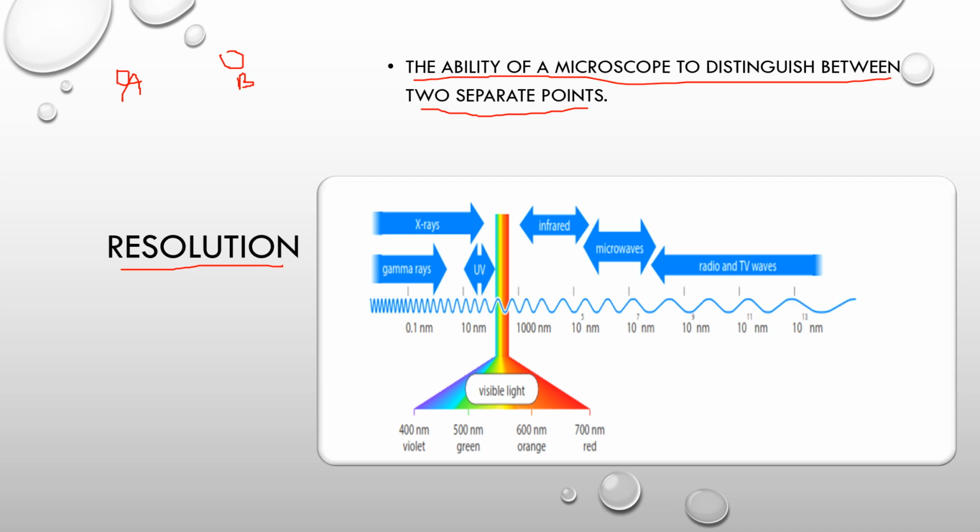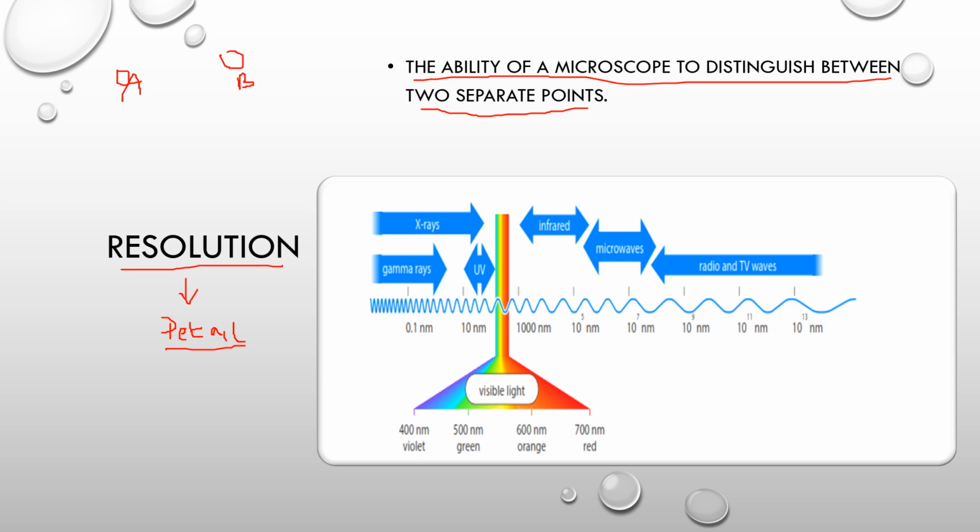That is resolution. Now I want to say this: magnification deals with size, so resolution deals with details. Anytime you're dealing with a question asking what you can see and what you cannot see, that has to do with resolution. Anytime a question asks about size, that's magnification.